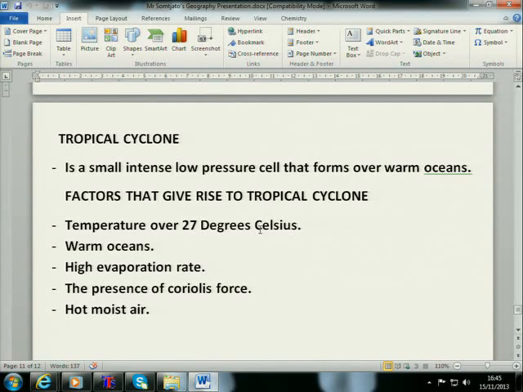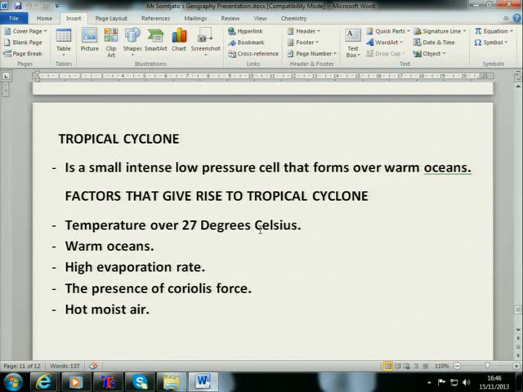For tropical cyclones to develop, they need the presence of the Coriolis force. That is the reason why they develop between 5 degrees and 30 degrees north and south, because that is where the Coriolis force operates.